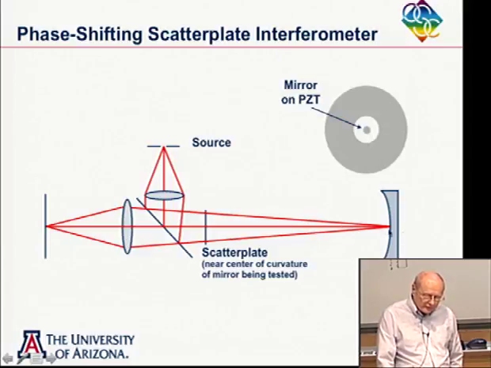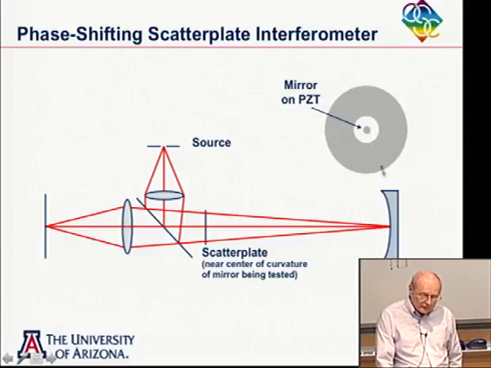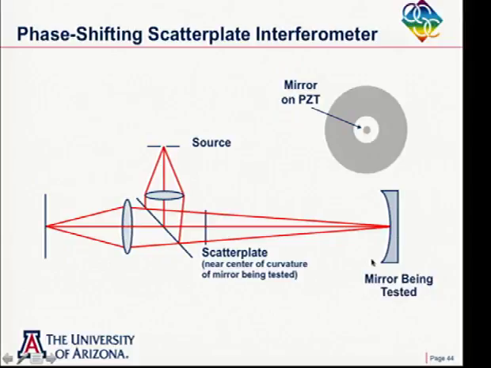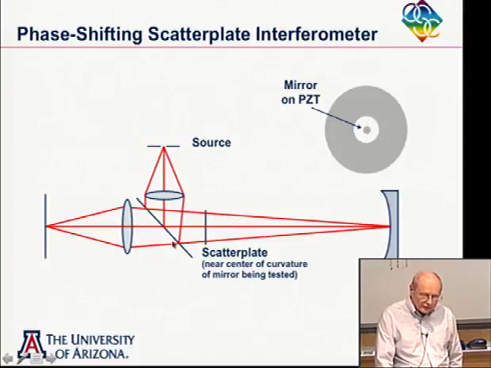So that's the direct beam. It's going to come to focus on the mirror and come back. And what was scattered the first time will come out here. And so I'm going to phase shift the direct scattered beam by moving the mirror a little bit.